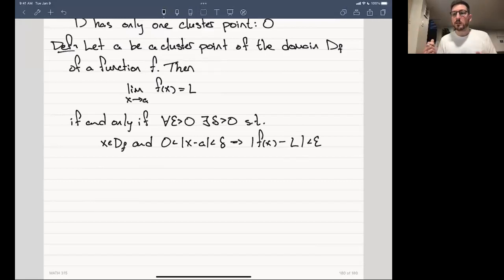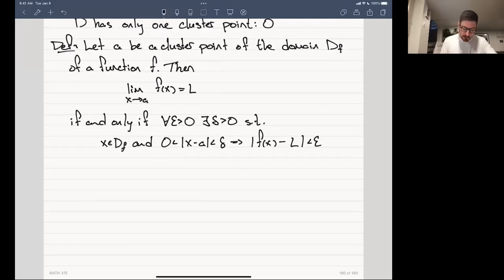Again, what does this mean? Limits mean approaching. So that's approaching right there, right? It means I'm not actually at it, I am close to it. That's why you need a cluster point. And this says that if you're close enough to the cluster point, then you are close to the limit. That's what this is telling you here.